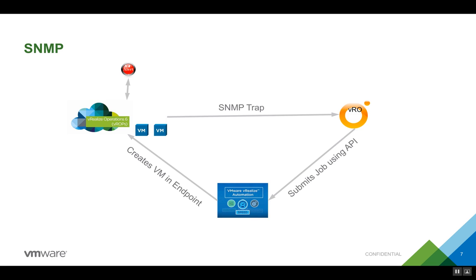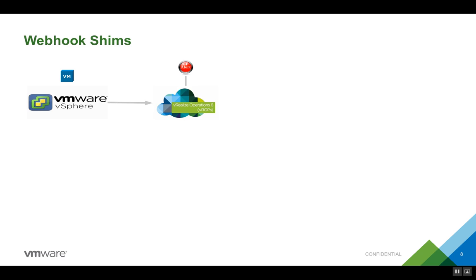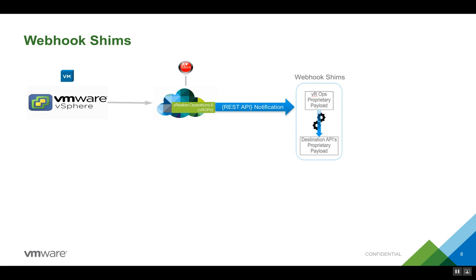And now when you come to webhook shims, the REST API notifications, we have a vCenter server. The VM is running there. So vRealize Operations Manager monitors that environment, and for any alerts, it sends the REST API notifications. Now I need to process that, so I need webhook shims in between. It will process that VROP's proprietary payload and then convert it into a format which VRO, vRealize Orchestrator, understands.